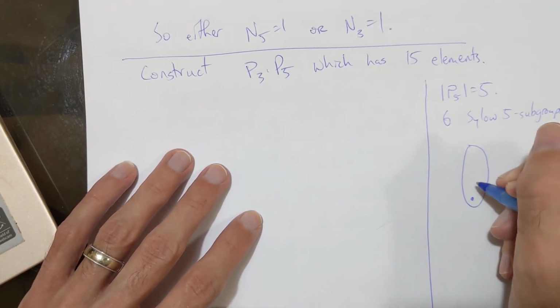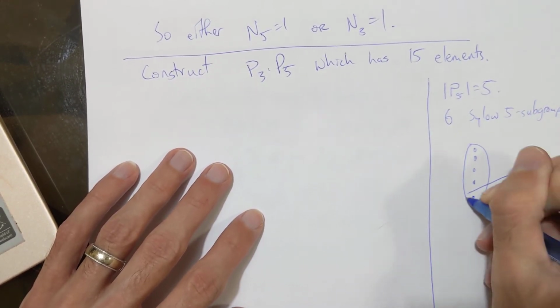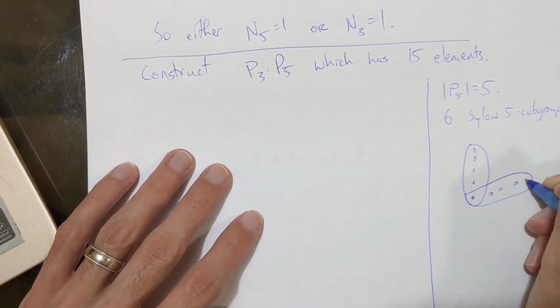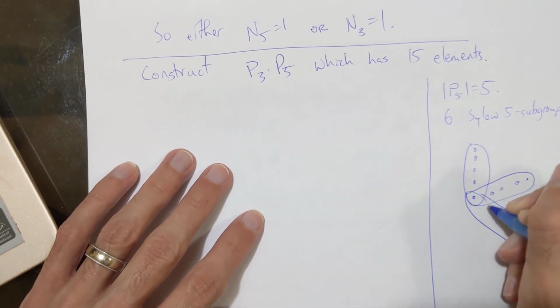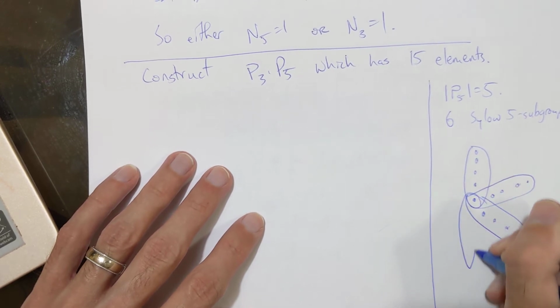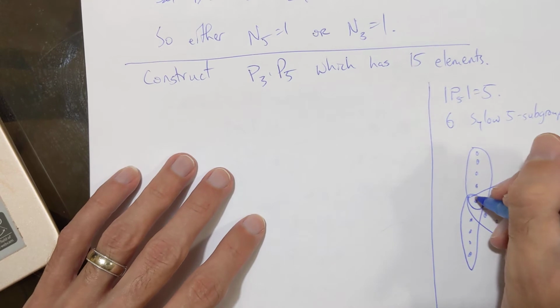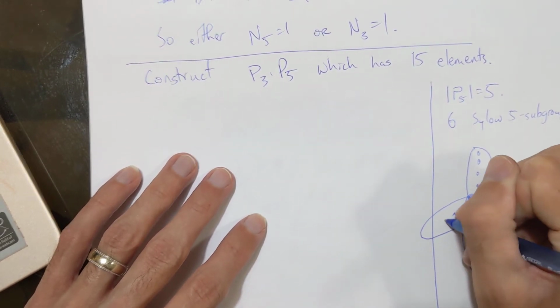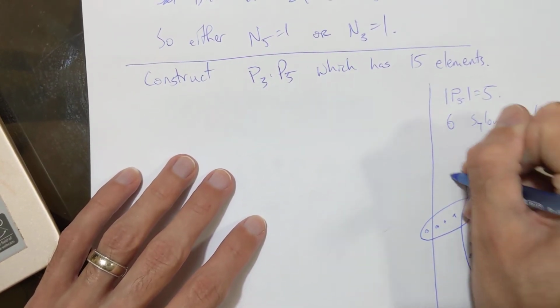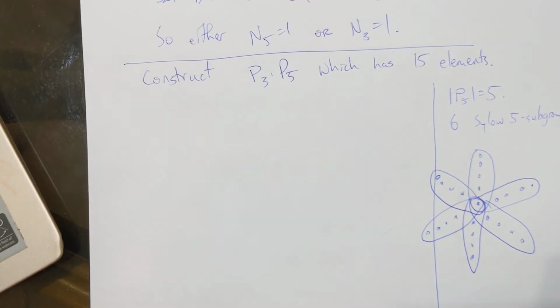Here's the identity, 1, 2, 3, 4. Everything looks like this, the last one. So these are our 6 Sylow 5 subgroups.